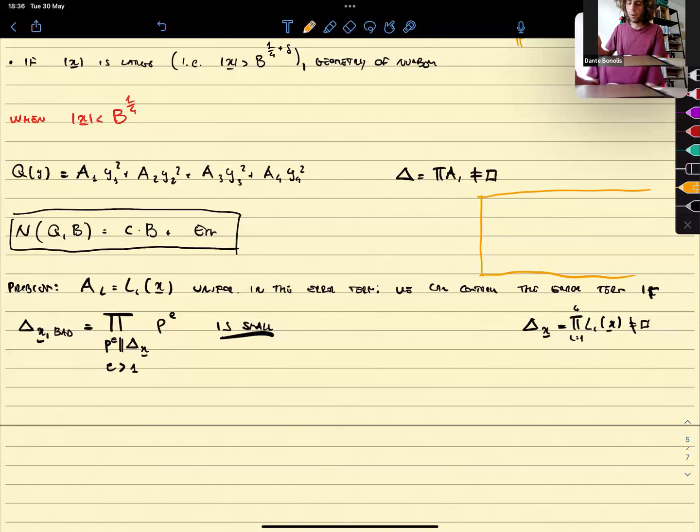Okay, let's go back to Tim and Brown's work. There we have this equation here, and when you fix W, the discriminant is pretty easy.